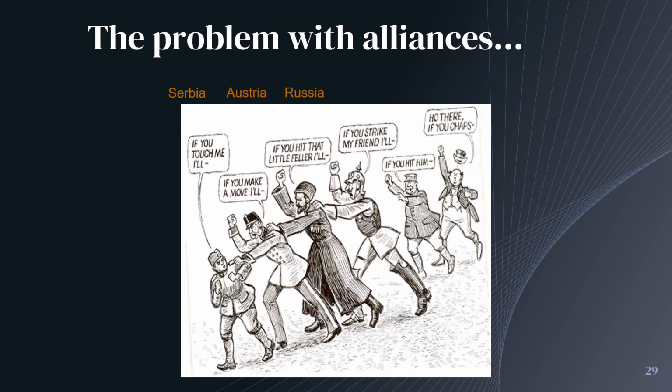If you hit that little feller, and then going on next to him is Germany. If you strike my friend, and then we've got France coming in because we've got the Triple Entente here, saying if you hit him, and then here's Britain catching up. Ho there, if you chaps. So you can see there's this whole line of events of what goes on.